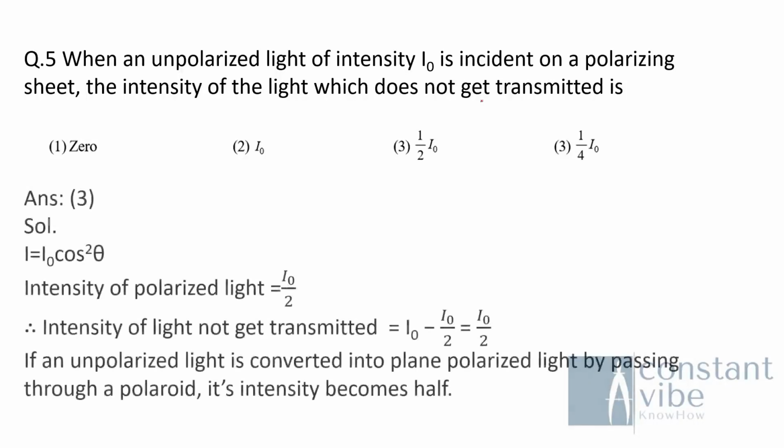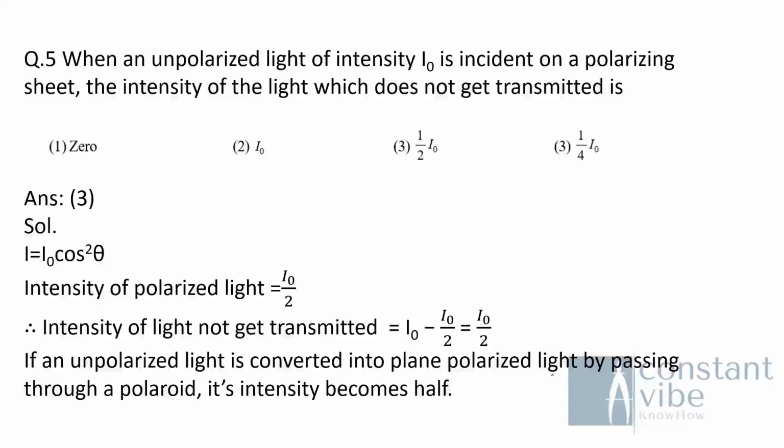Here the intensity of a normal light is I equal to I0 cos square theta, where theta is the angle of polarization, and actually for the intensity of polarized light, half of the light is not transmitted.